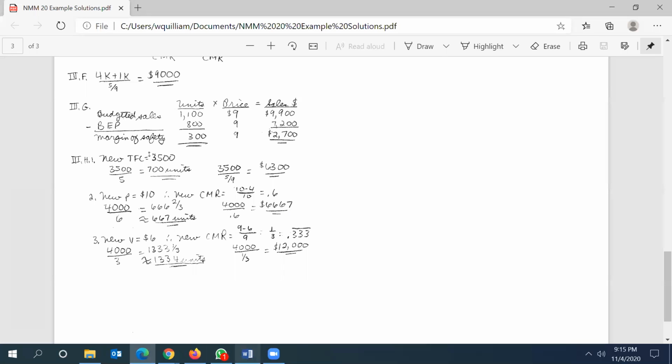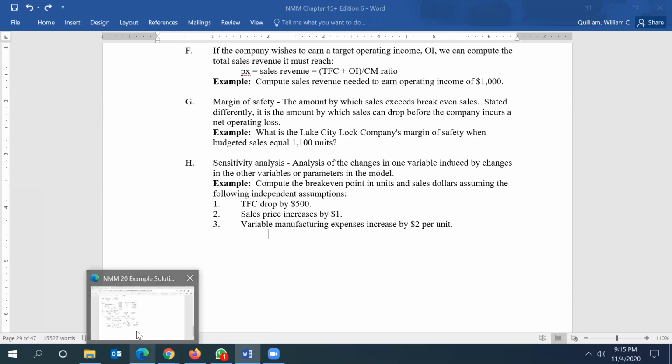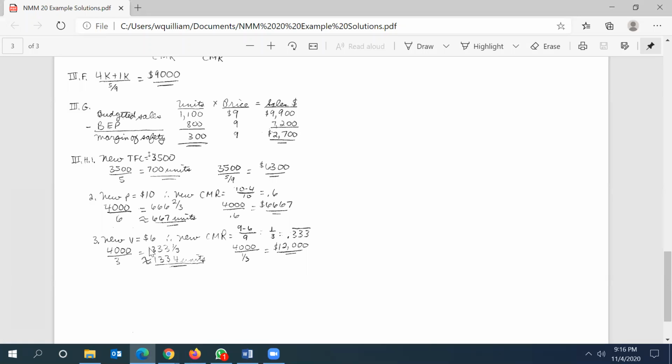Now, back for the last scenario that I have. Number 3, what if variable manufacturing expenses increase by $2 per unit? So again, let me go back to the original information. The new variable cost is 6. It goes from $4 up to $6.